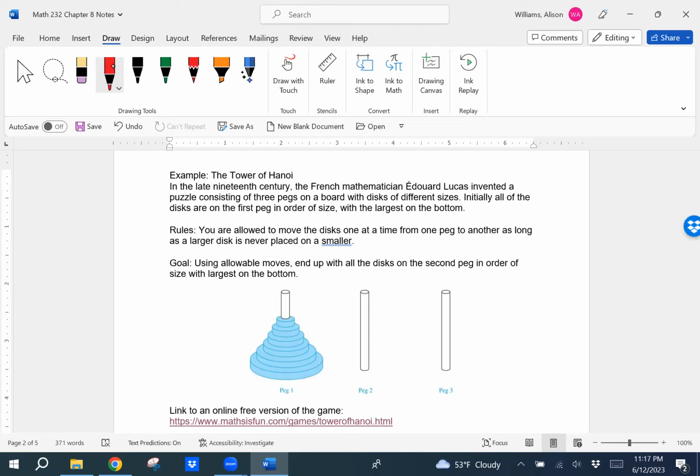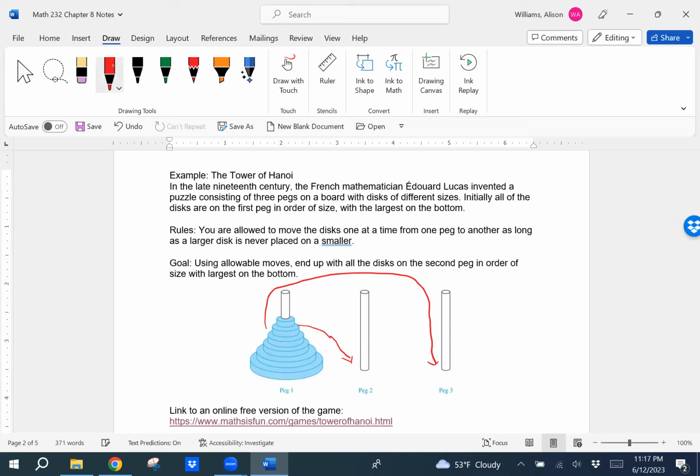Okay, so they kind of map out what it somewhat looks like with this little picture. And our goal is to move the whole stack to peg 2. But the rule is you're not allowed to stack a larger disc on a smaller disc. So if I were to move this smaller disc to peg 2, in order to move the second disc, I'd have to move it over here first.